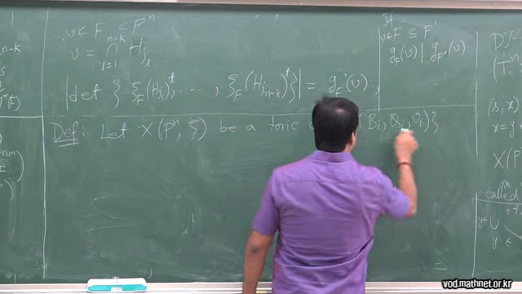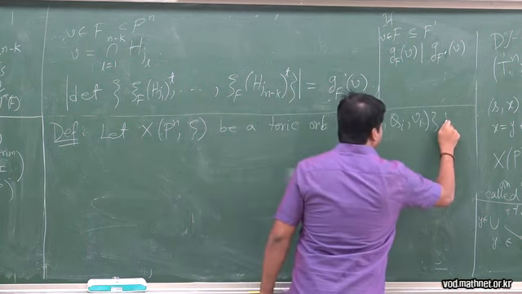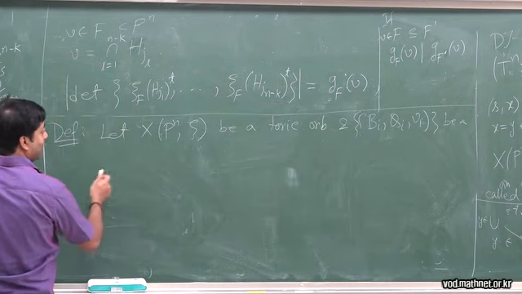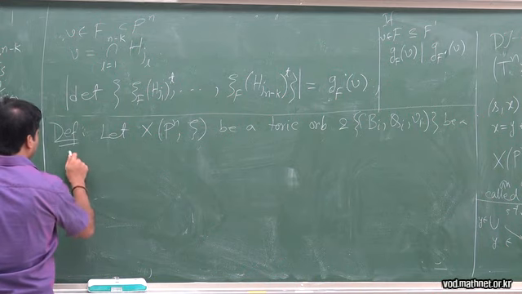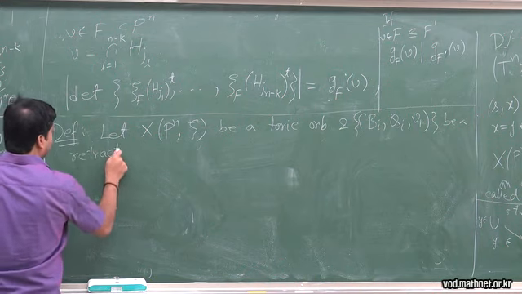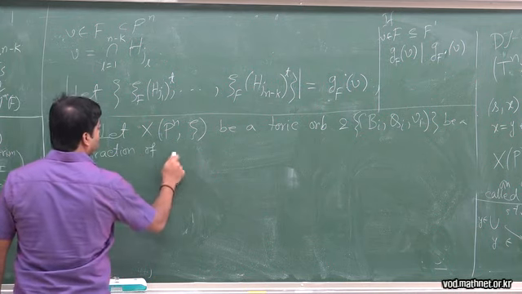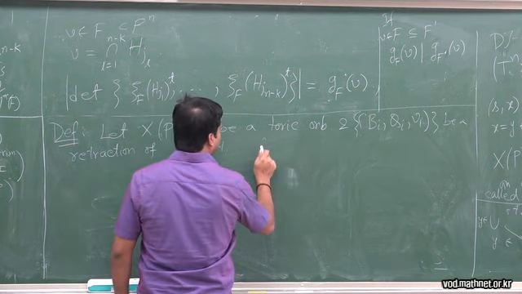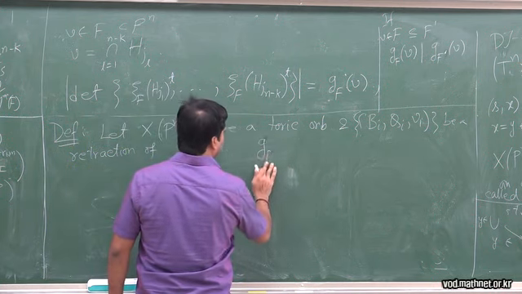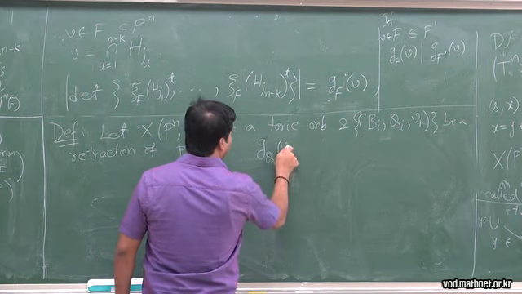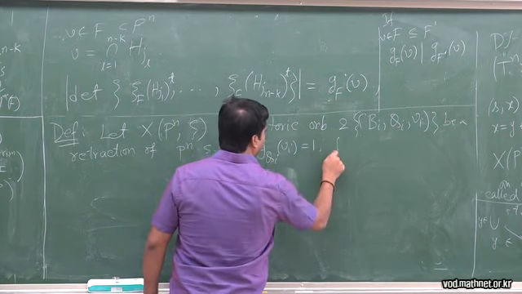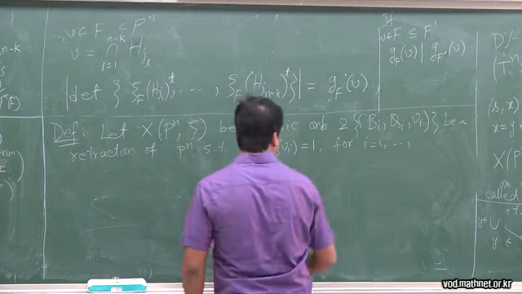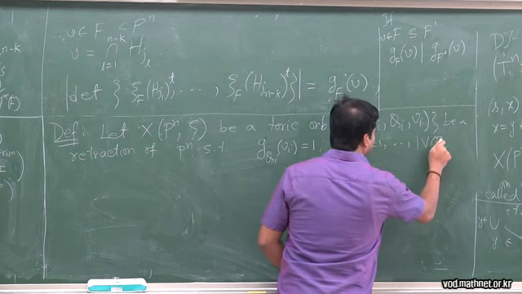Okay, let's see this one. So this is a toric orbifold, and there is a retraction of P^n such that we have q_i v_i equal to 1 for i equal to 1 to the number of vertices we choose.